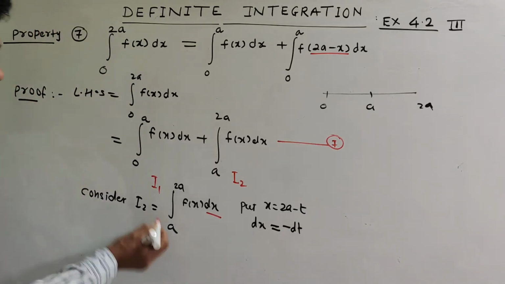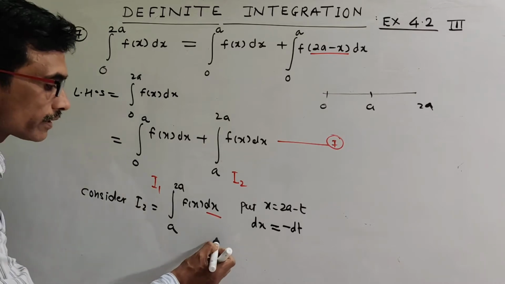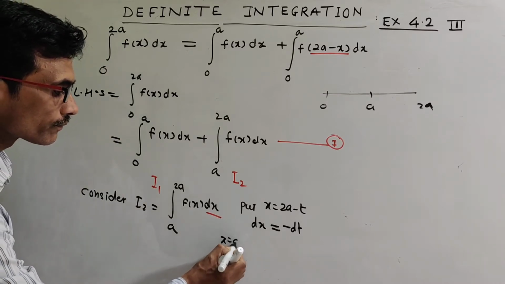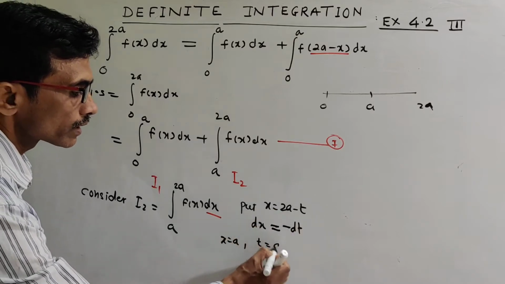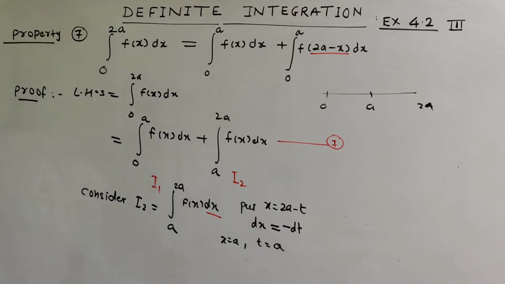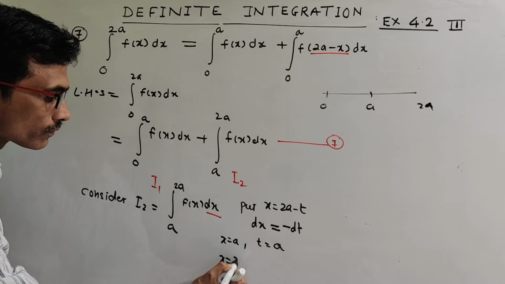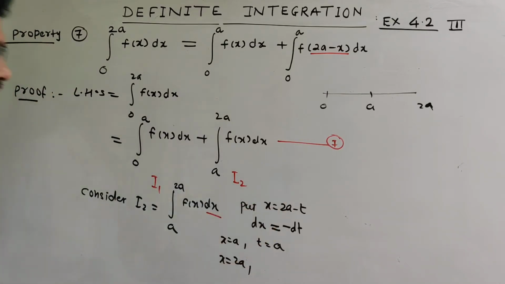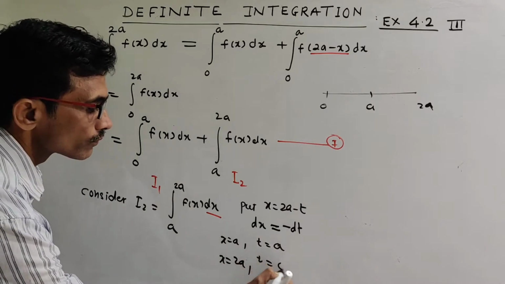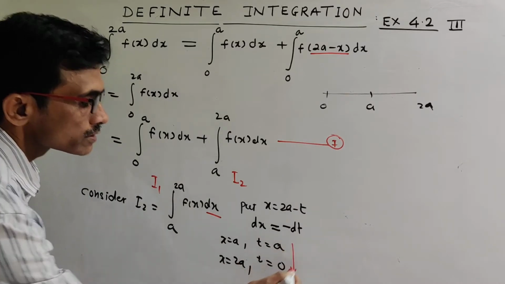And now change in limits. For the lower limit x is equal to a, so substituting a here, t will be equal to a again. When x is equal to 2a, the 2a cancels and t will be equal to 0. So the new limits are a to 0.